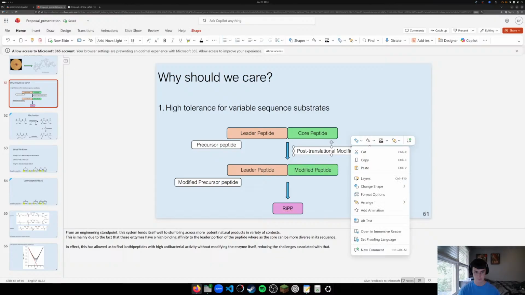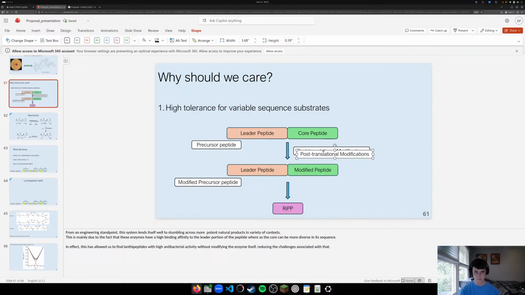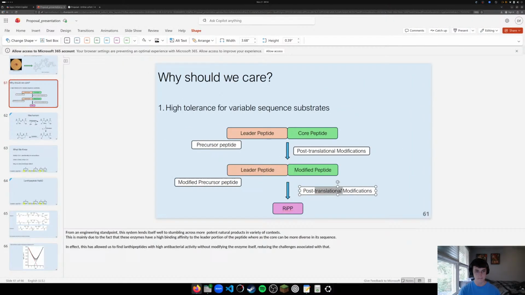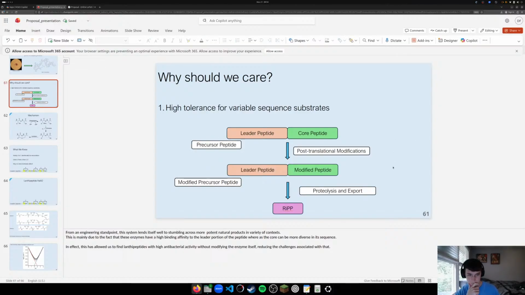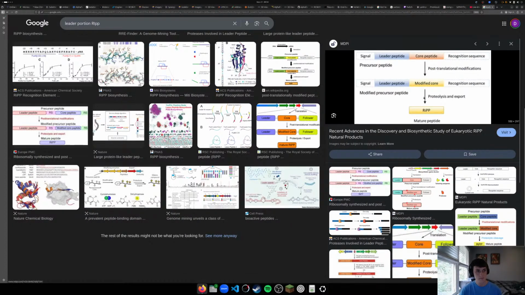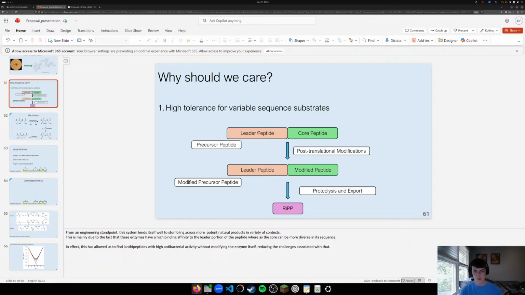I want to copy this. All right, now what does this next say? Proteolysis and export. That looks good.